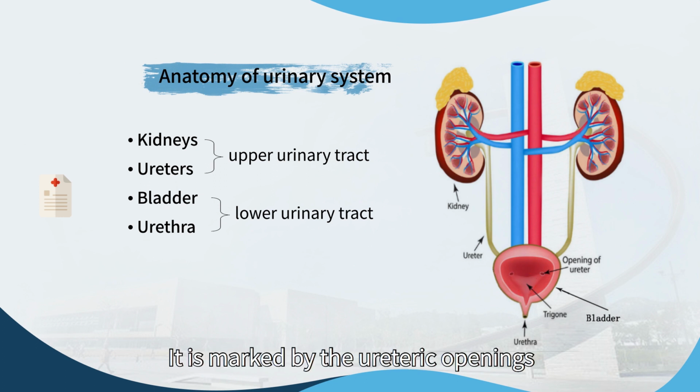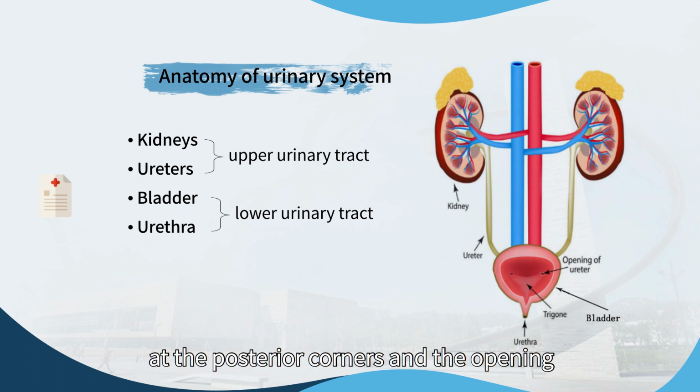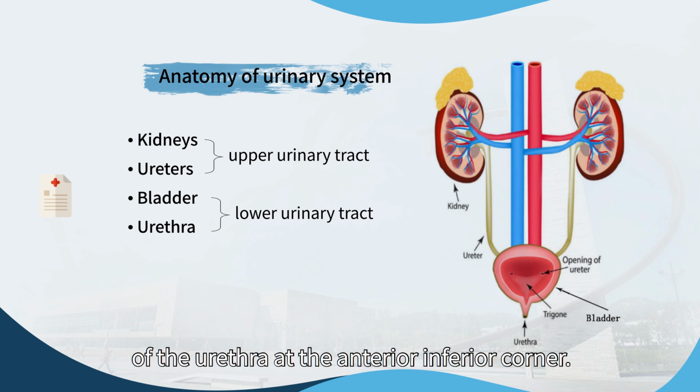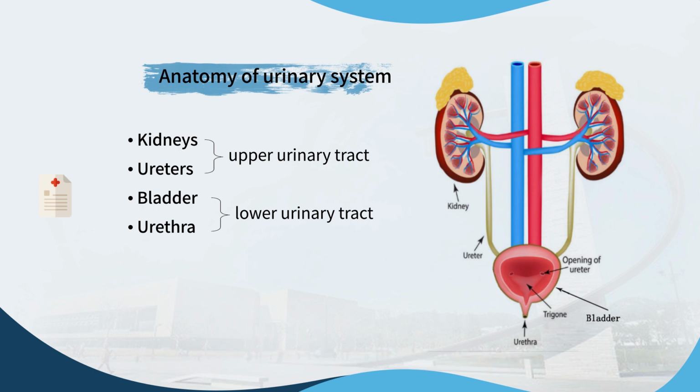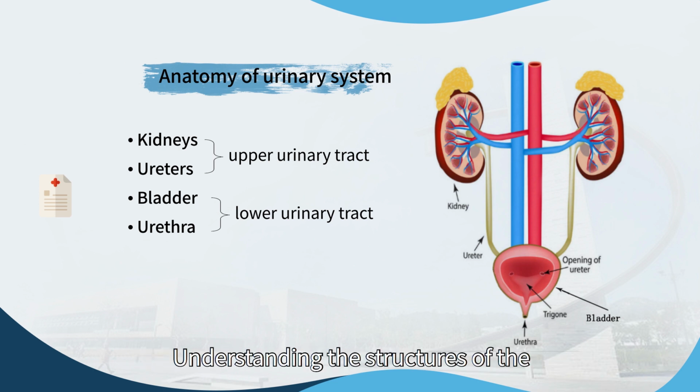It is marked by the ureteric openings at the posterior corners and the opening of the urethra at the anterior inferior corner. Understanding the structures of the urinary system is very essential for nurses to ensure safe and appropriate care for our patients.